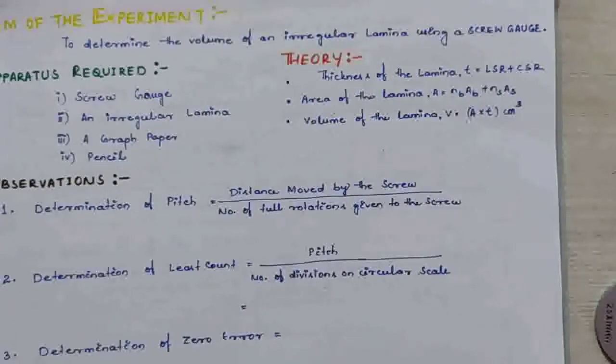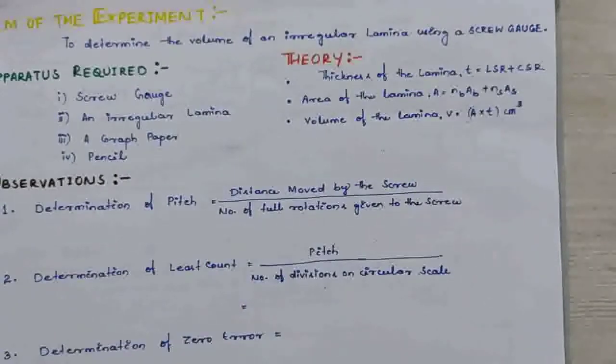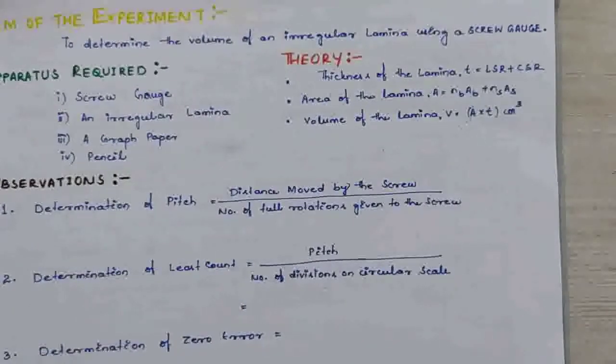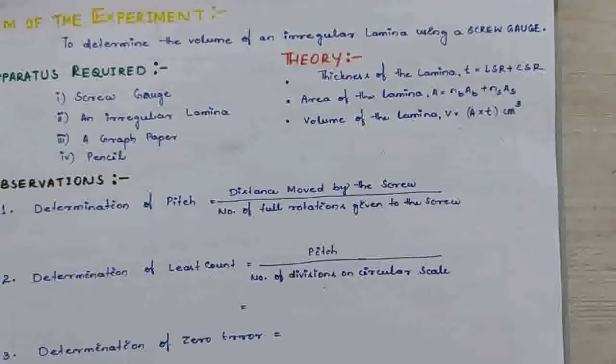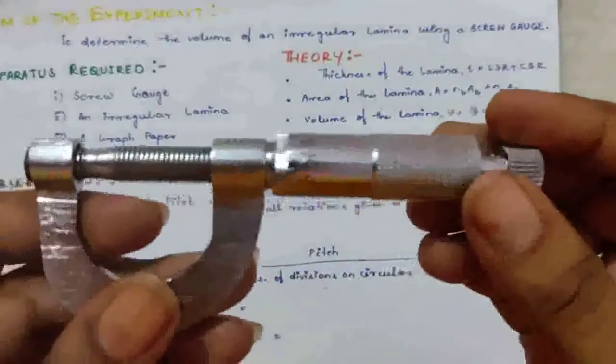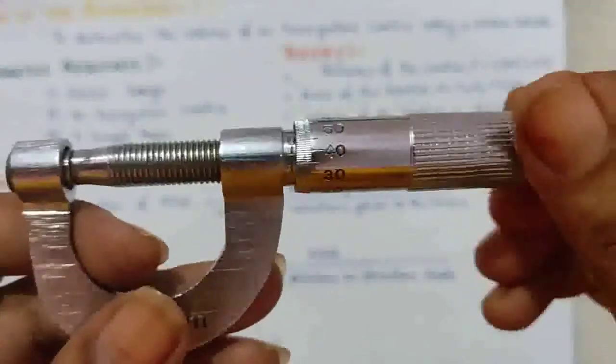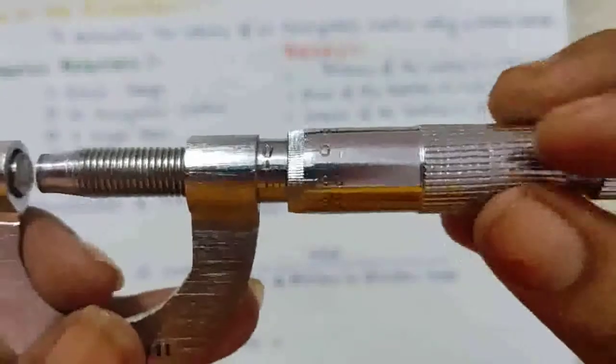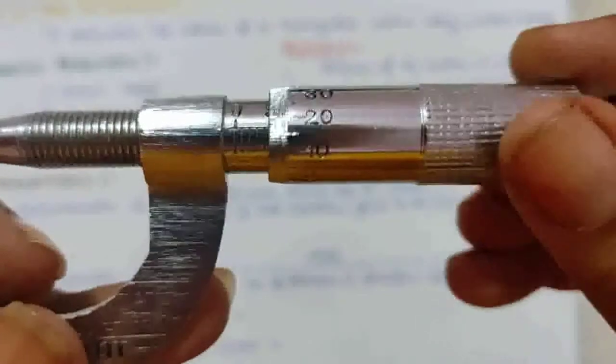So for that, first we should measure the pitch of the screw gauge. We have already measured it, but let me check it. See, this is the instrument we are using. Suppose I am giving it 5 divisions here.